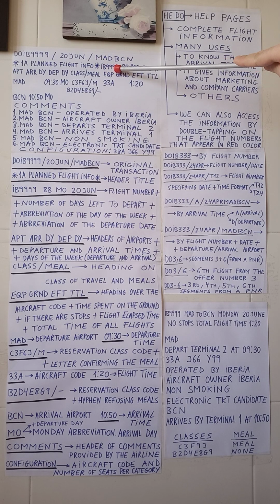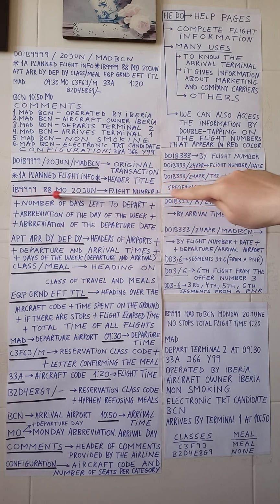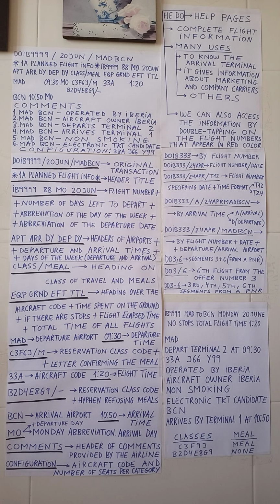IB 999988MO20JUN, which is here, indicates the flight number, the number of days remaining until departure, taking as a reference the day in which we are, the abbreviation of the day of the week on which the flight will take place, which in this case is MO, because in English Monday means Monday.